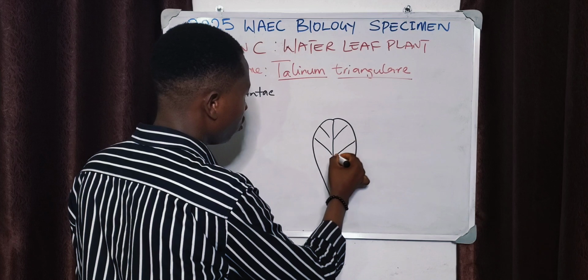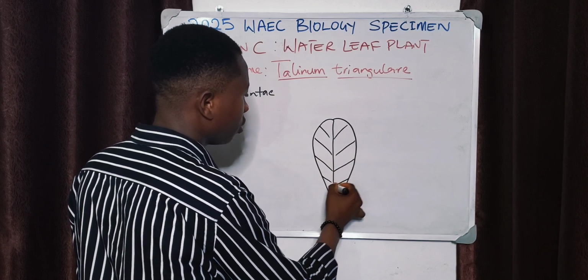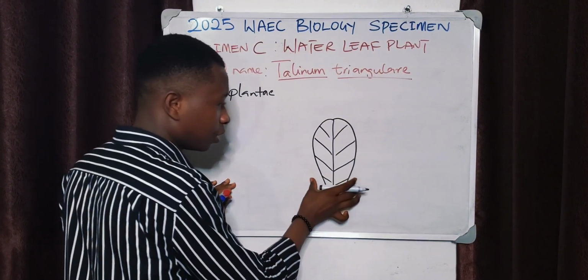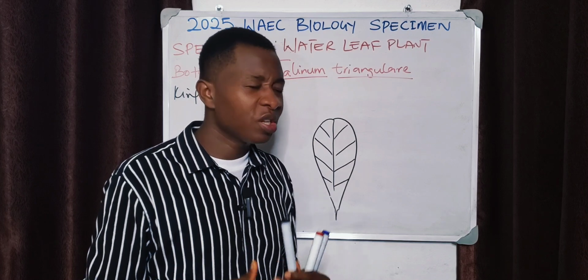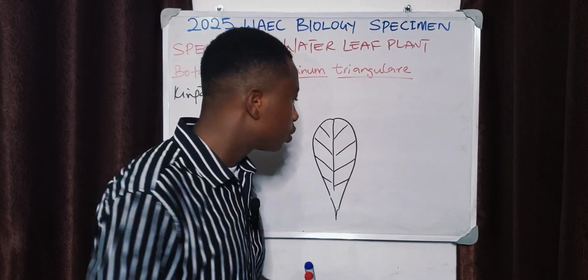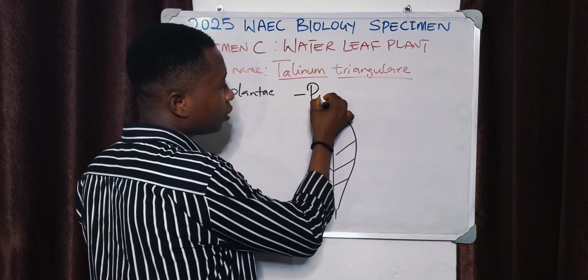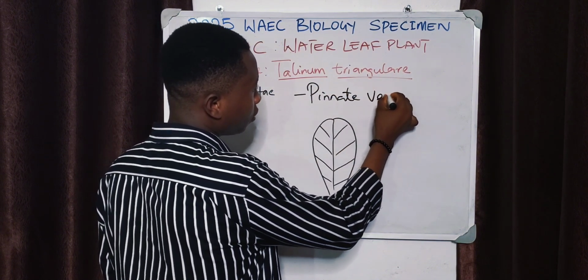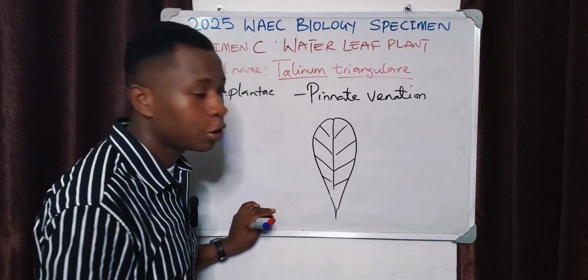Now, you might be asked, what kind of venation does specimen C exhibit? Looking at this venation, it falls under the net-like kind of venation, but it's not actually the net venation. So the venation here is the pinnate venation. It has the pinnate venation, very importantly.